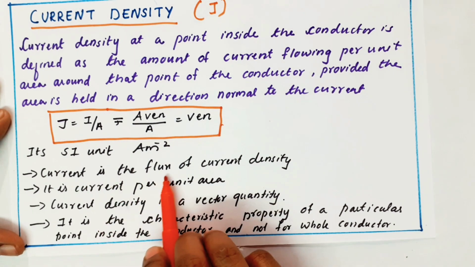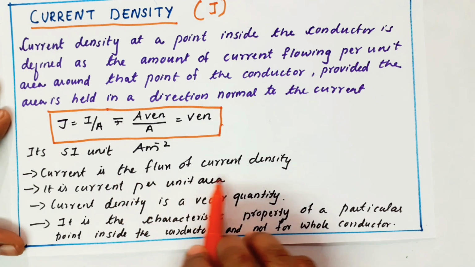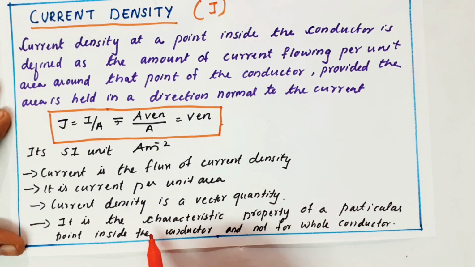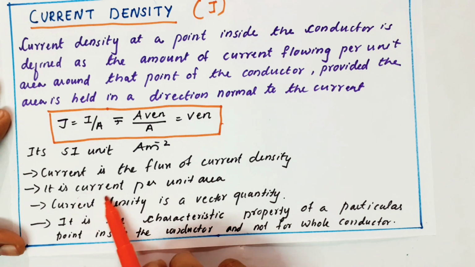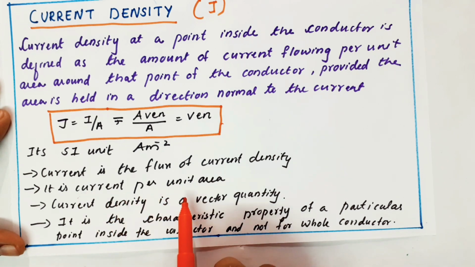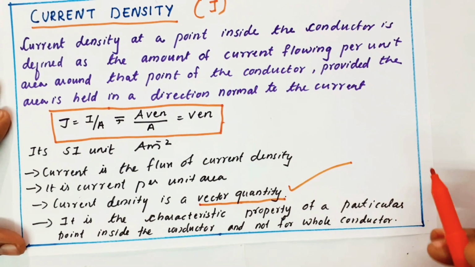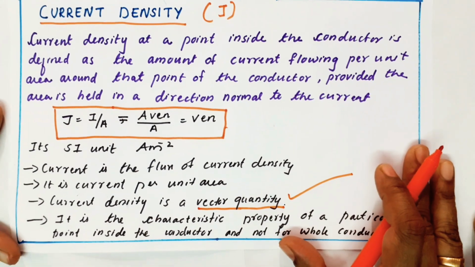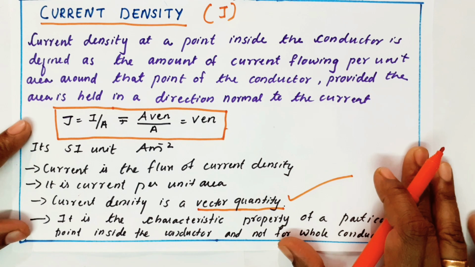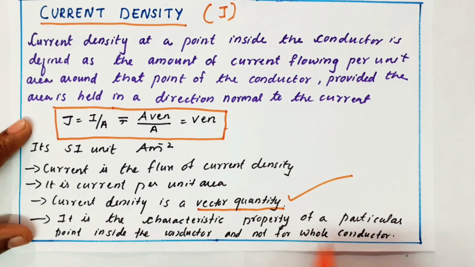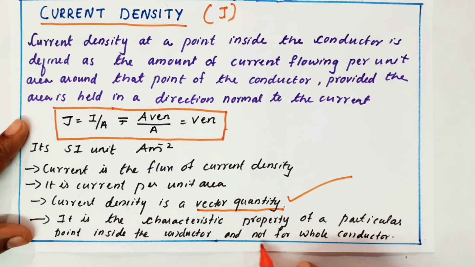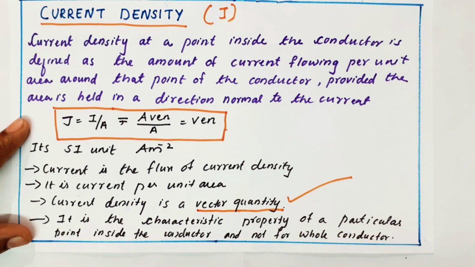In simple form I can tell that current is the flux of current density. Next, it is current per unit area, and the very important point is that it is a vector quantity. Current density is a vector quantity, and it is a characteristic property of the particular point inside the conductor and not of the whole conductor, only for the particular area.